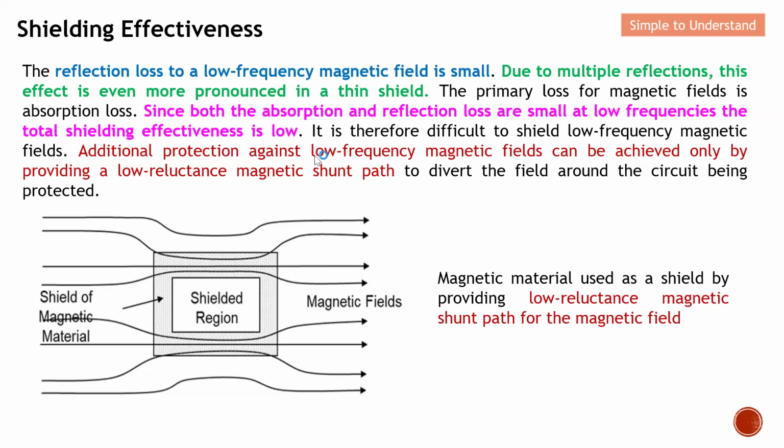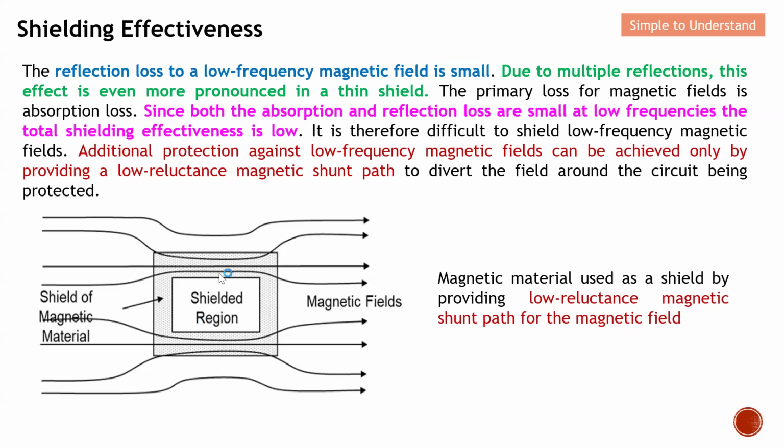Additional protection against low frequency magnetic field can only be achieved by providing a low reluctance magnetic shunt path to divert the field around the circuit being protected. Let me explain with a diagram. For example, this is a region, and these are all the sensitive components that I want to protect.